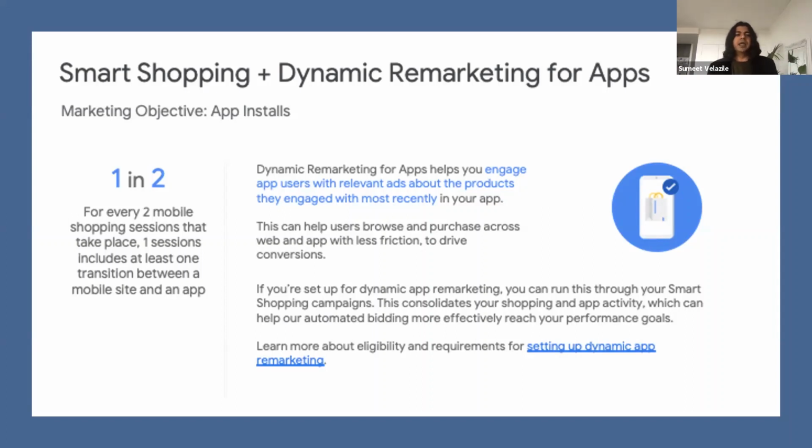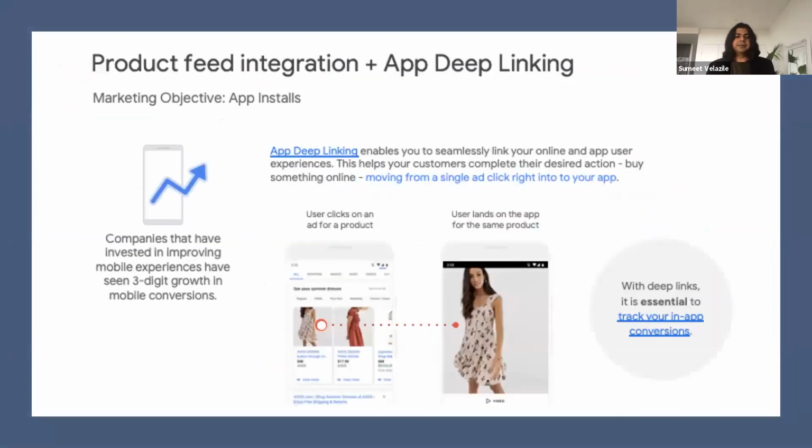If we move on to the next slide, you can see that we are starting to invest a lot of resources on the app side of the world because we see the requirement, we see how users are now constantly surfing around different apps. Which is why you have this option of driving users straight to your app through shopping ads rather than taking them to your mobile website.